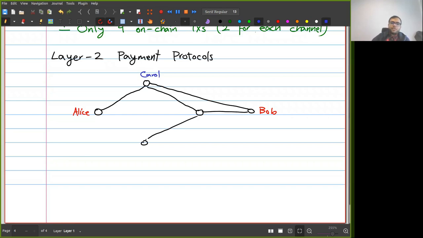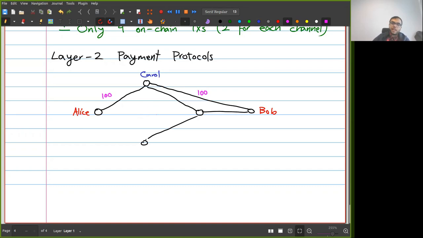And now if Alice wants to pay, let's say 100 Hong Kong dollars to Bob, she can just pay $100 to Carol, and then Carol pays it to Bob. If Alice has a channel to Carol and Carol has a channel to Bob, these are just 2 payments on these channels, and they don't have to go through the blockchain. So Alice can pay Bob using the help of Carol without having to pay transaction fees on the blockchain and without having to wait for confirmations.